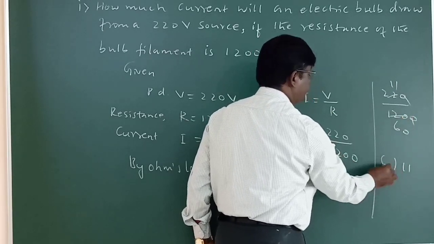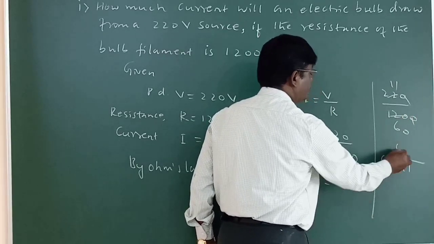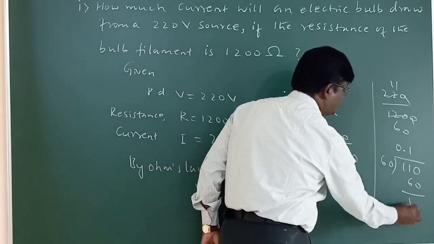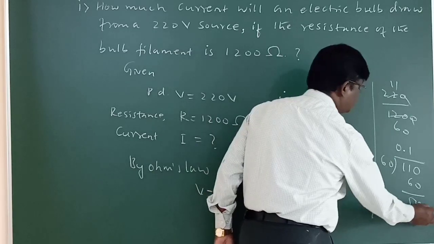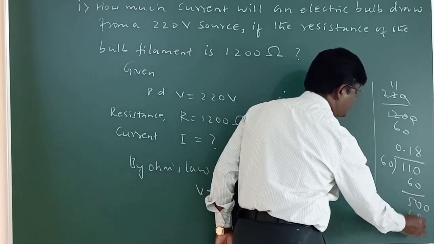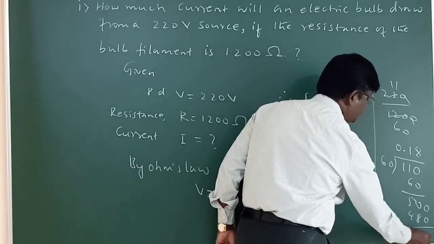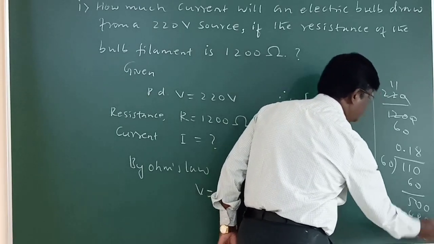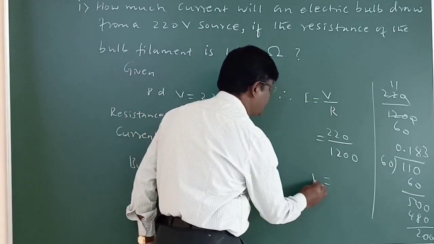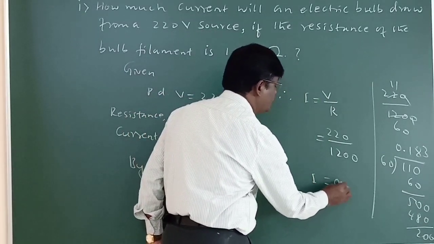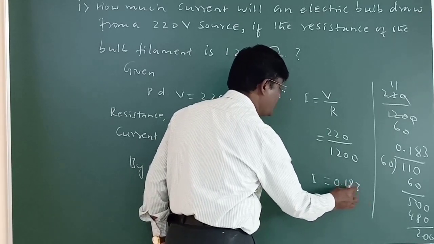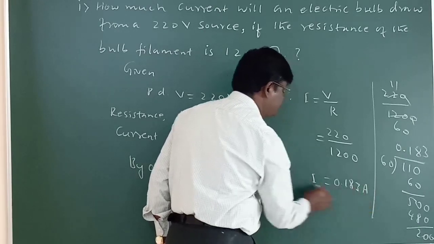Let us divide: 60 is 50, then 8 times it goes, 6 8s are 48. Then again 200, 3 times, like that it goes. Therefore, approximately I equals 0.183 ampere.